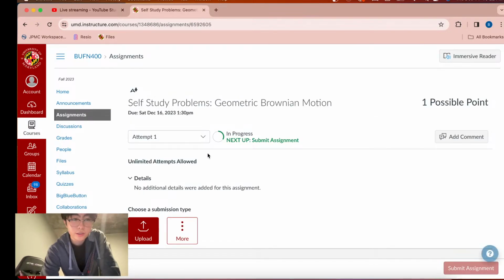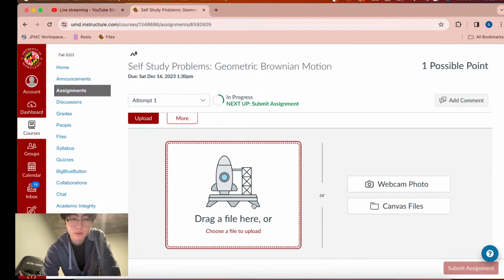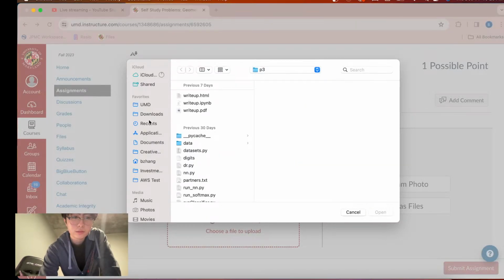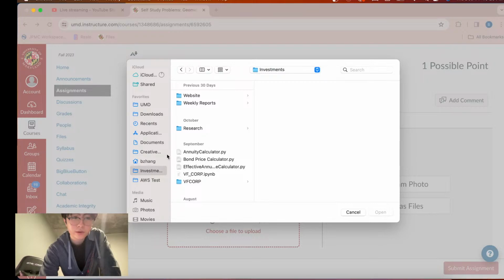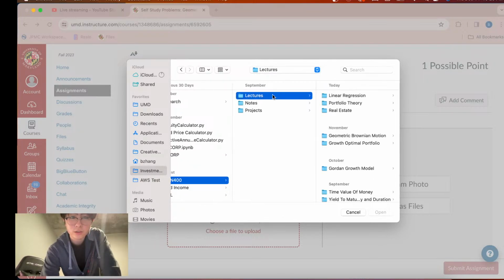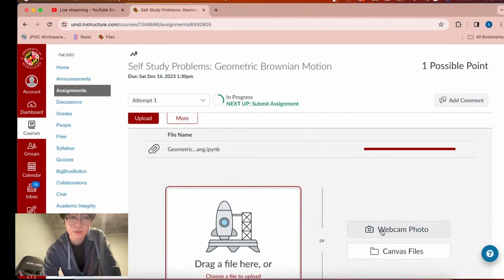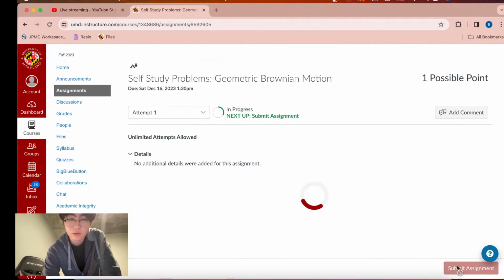Geometric Brownian motion. Okay, upload. Some investments. Lectures. What was this one? Geometric Brownian motion. Okay.